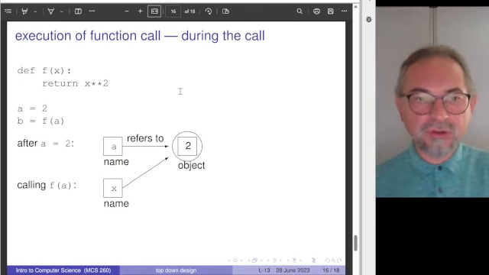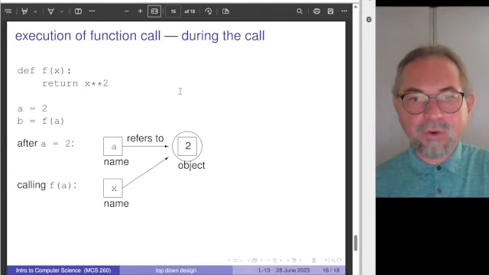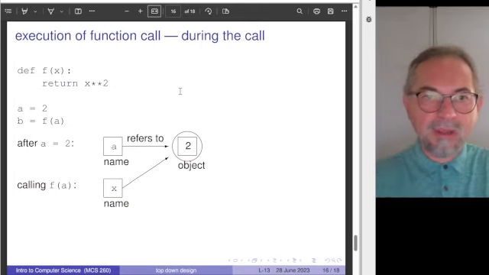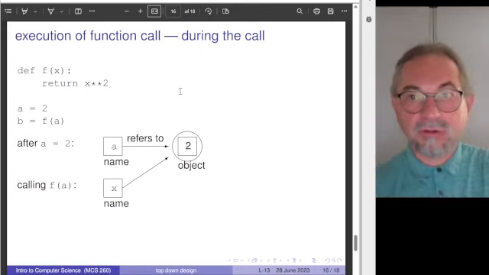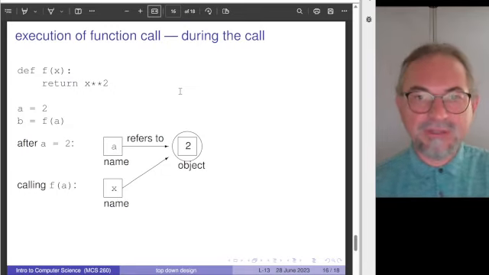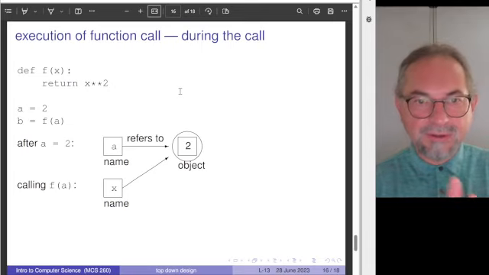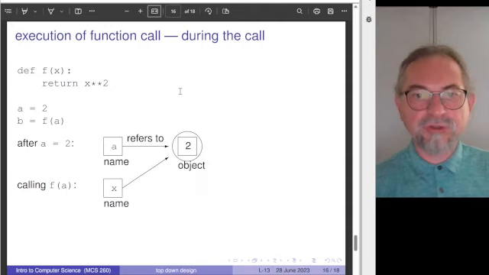So during the function call, the value 2 is passed, and x is another name for the object 2. So at the call, x equals, or x is not equaling to, I should not use that term, but inside the function, wherever we see x, we can replace it by 2. But in more proper terms, the name x refers to the object 2.